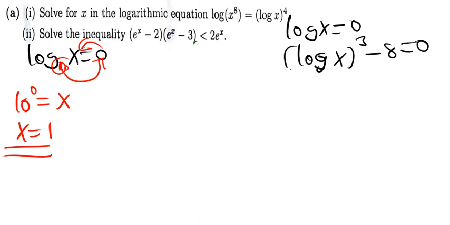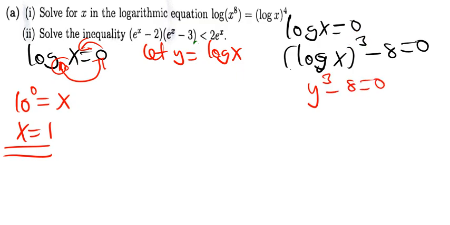The next thing here is I can't do anything here. I'm going to let y be equal to log x, meaning where there is log x, let's replace it with y. So I'll say y to the power 3 minus 8 is equal to 0.